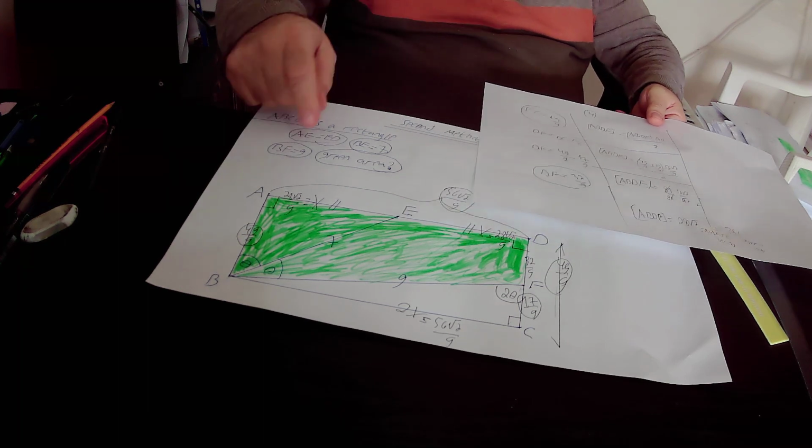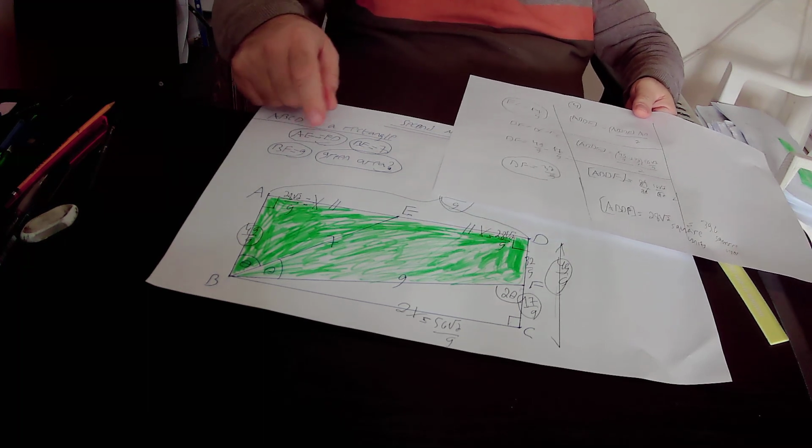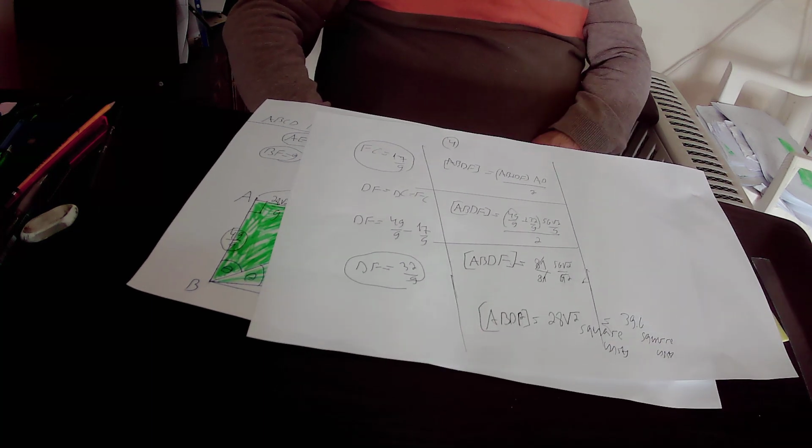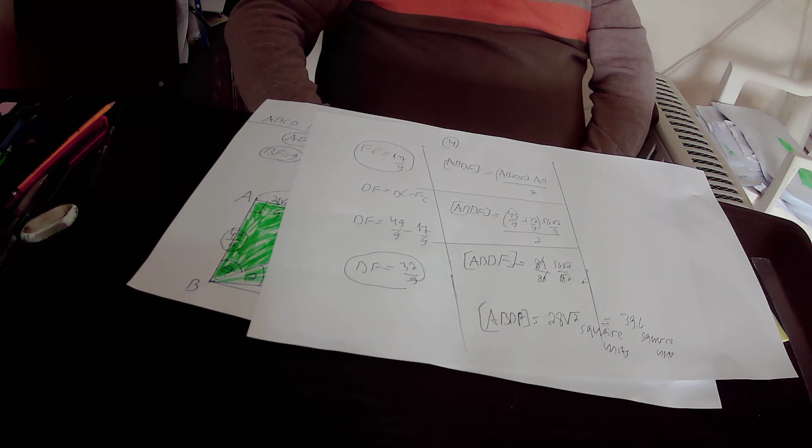So now we can easily find out the area of trapezoid ABDF. This is also the area of the green shape. The area of trapezoid ABDF is AB plus DF times AD over 2.